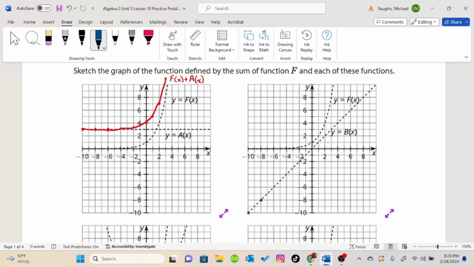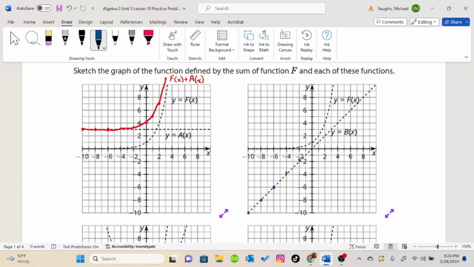Negative 6 plus 0 equals negative 6. Negative 4 plus slightly above 0 equals slightly above negative 4. Negative 2 plus slightly above 0 would be slightly above negative 2.